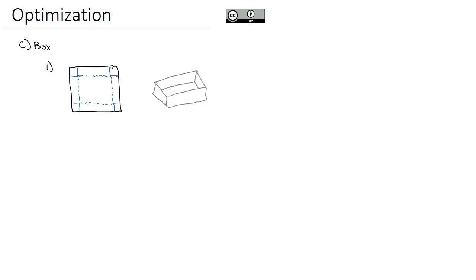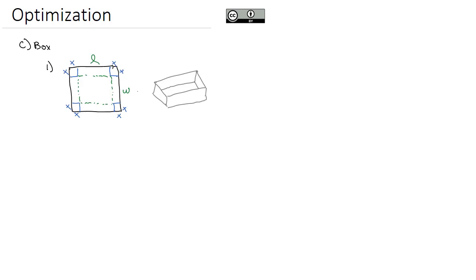But what we want to do is maximize the volume of this box. So how big of a cut do we need to make? Well, we'll say that the cuts are going to be squares, x by x, so that the sides all match up. And then we're going to have a length of the box and a width of the box originally, before we cut those x's out.